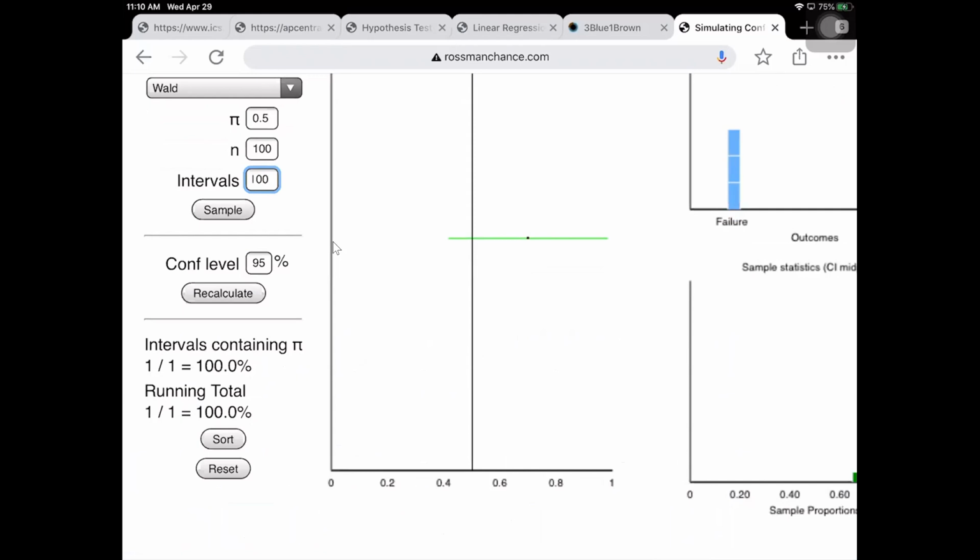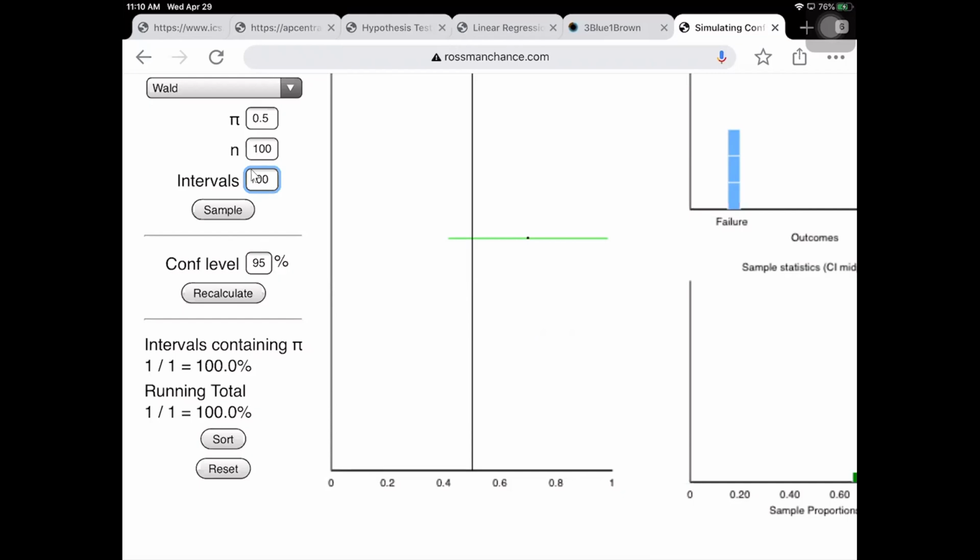If we repeat the process over and over again, the confidence level tells us how many of those times we should get it correct and how many we will get incorrect. So the 95% tells us that 95% of the time, if we repeat this experiment, the confidence interval will actually give us the population parameter. The other 5% of the time it is not going to give us the population parameter.